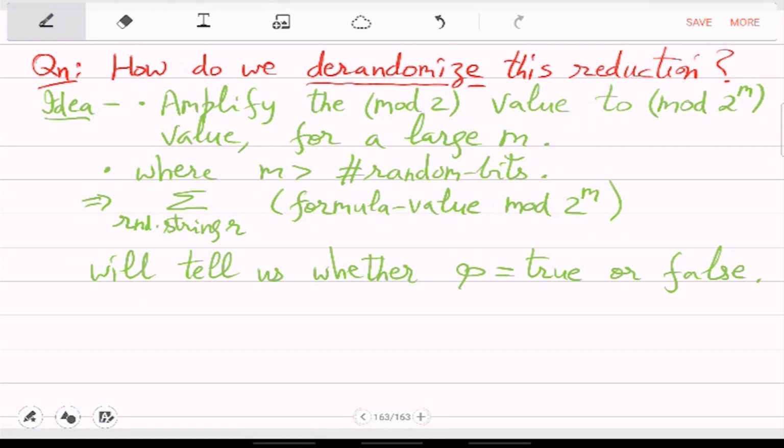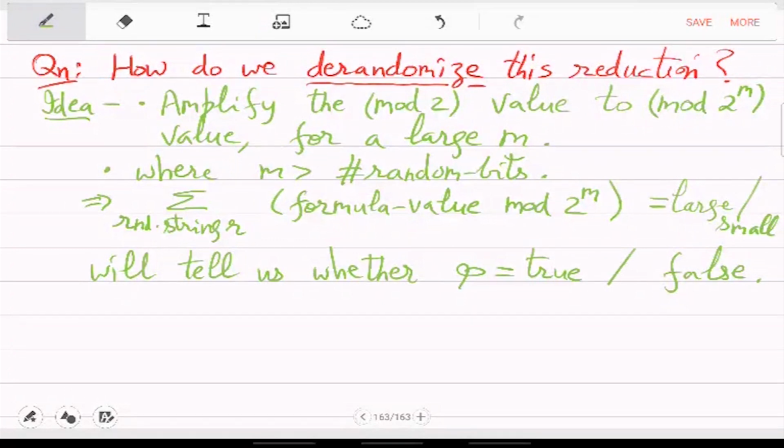So essentially, when phi is true, then 2/3 of these will be, let's say, 1, the other 1/3 will be 0. So this will be large, and in the opposite case, this will be small. And that will tell you whether the formula is true or false.